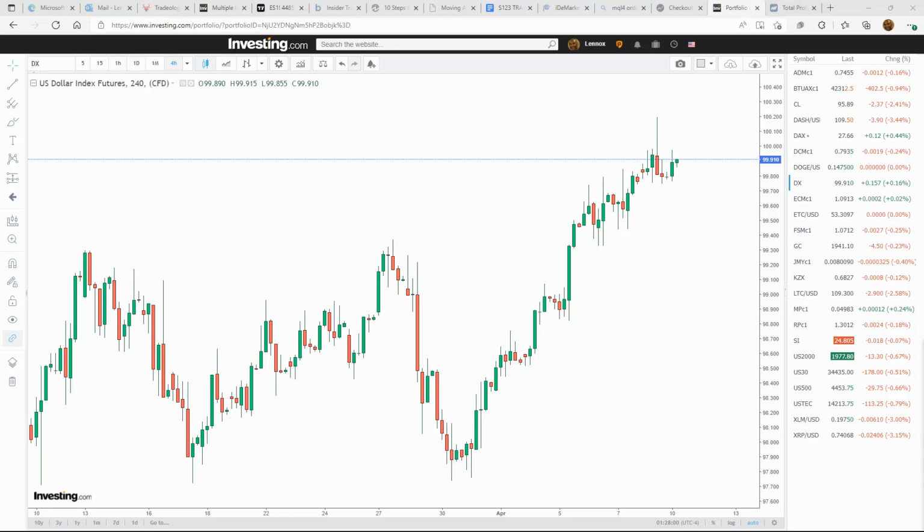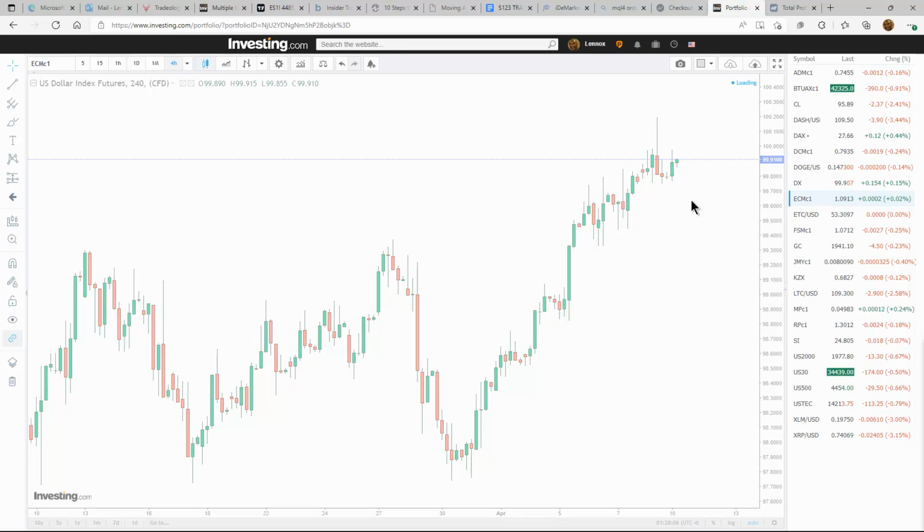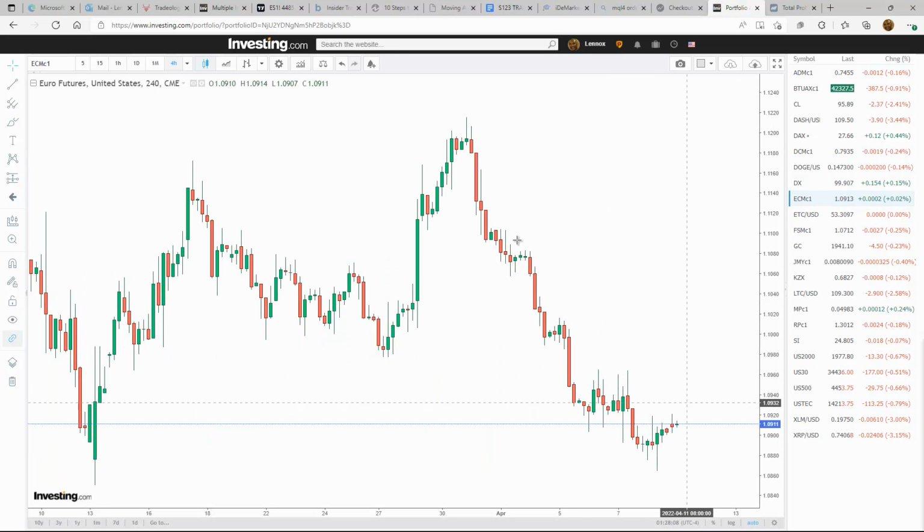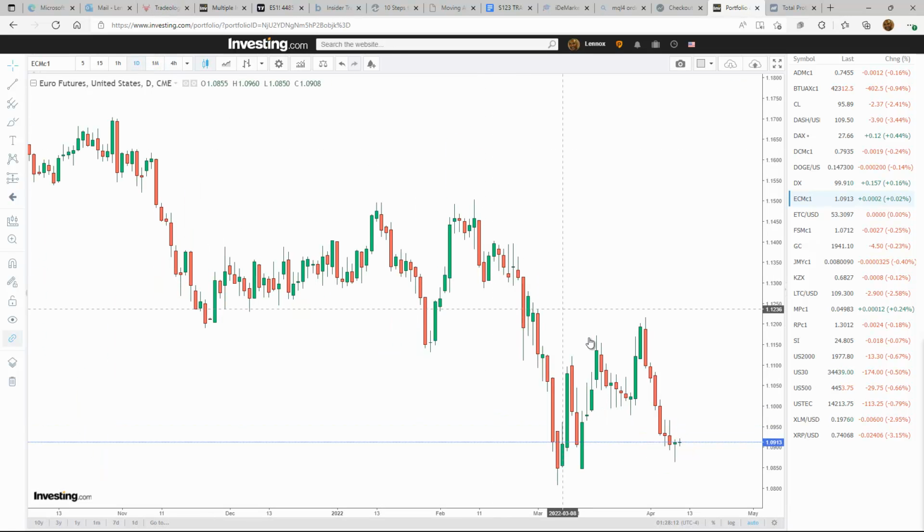That would also be similar if we look at the euro, which is doing the exact opposite of the US dollar. If I go up to the daily on that, we were in a congestion mode for a while, and now we broke through that, but we're back down to a support level. We could see a bounce at this point, similar to what might happen with the US dollar.